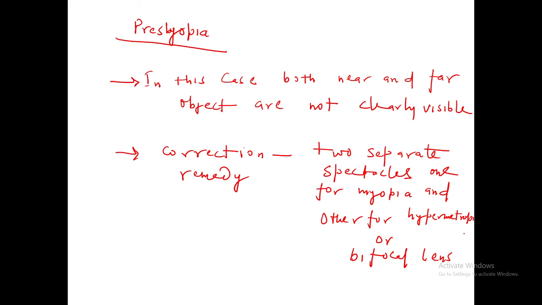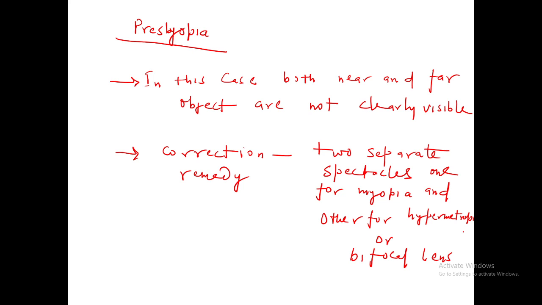So in fact in presbyopia the power of accommodation of the eye usually decreases with aging. For most people, the near point gradually recedes away. This defect is also called old sightedness. Far sightedness of an old person is known as old sightedness.